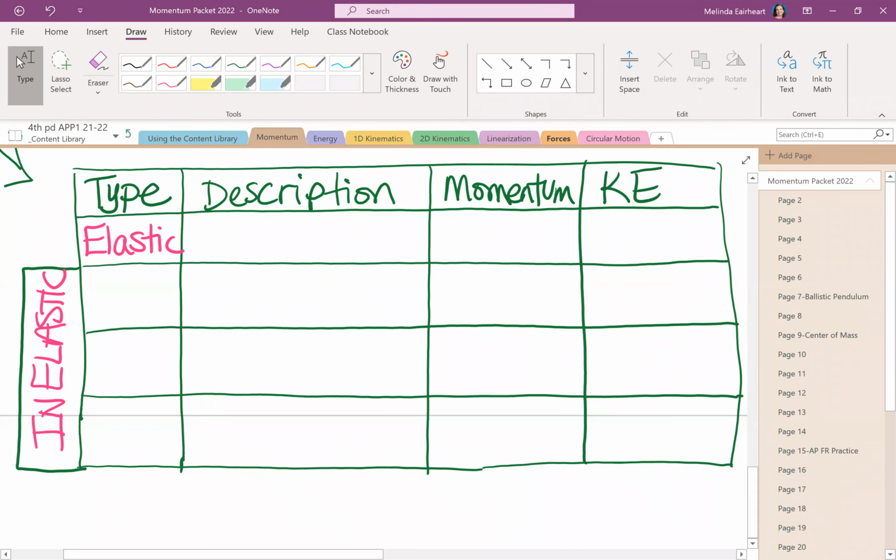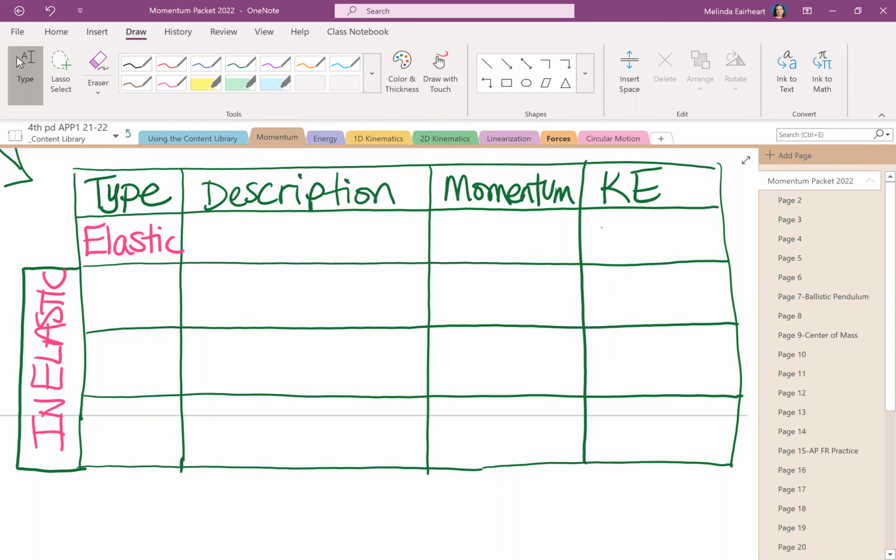So at the end of the day, on the AP exam, the difference is not whether they stick together or bounce off like a common website might spit out. If you just Google this and get a basic understanding of collisions, it's not the AP designation. So I'm going to fill out that last column. The last column is what makes an elastic or inelastic collision.